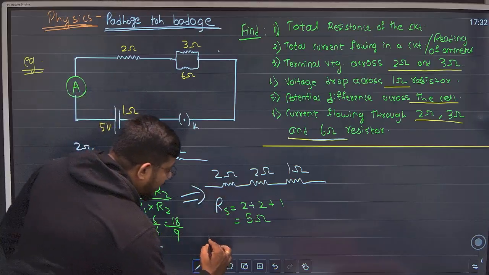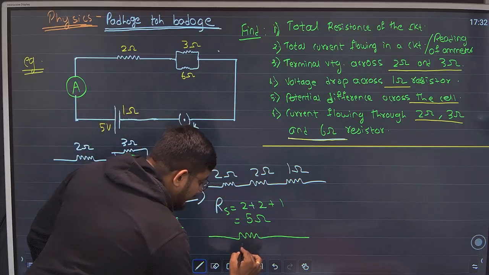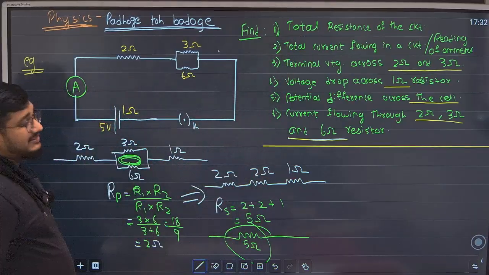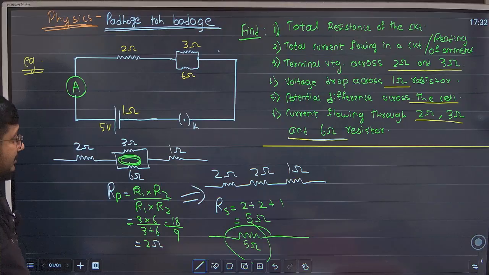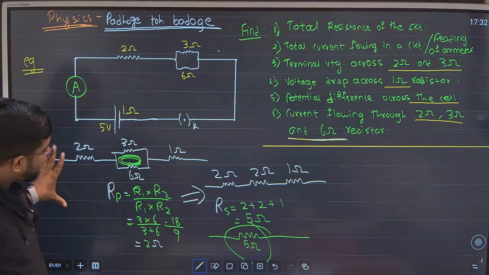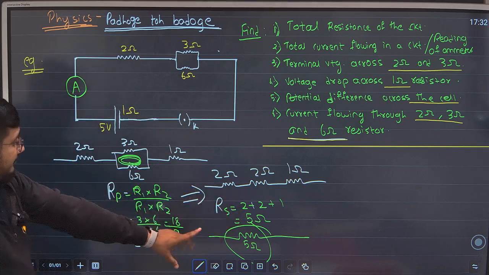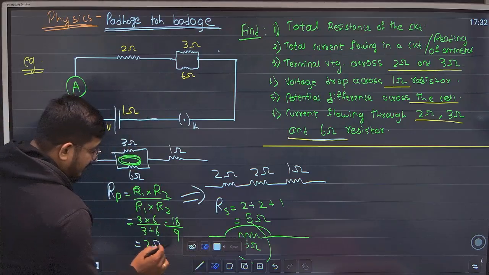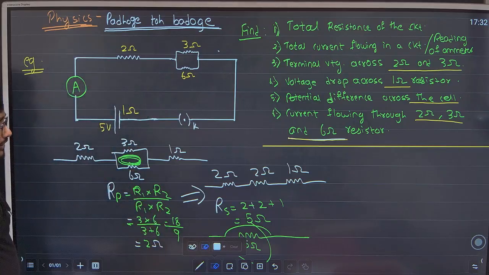So we got 5 ohm, which is basically the total resistance of the circuit. Understood? Easy. We found the total resistance by this simple method. You can pause it, check and write it.